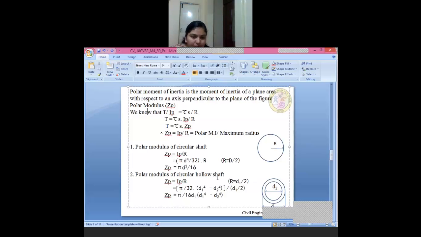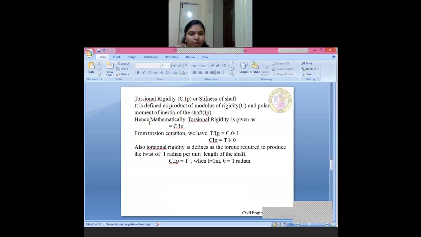So, IP, polar modulus of the circular hollow shaft section Zp is equal to... circular shaft.